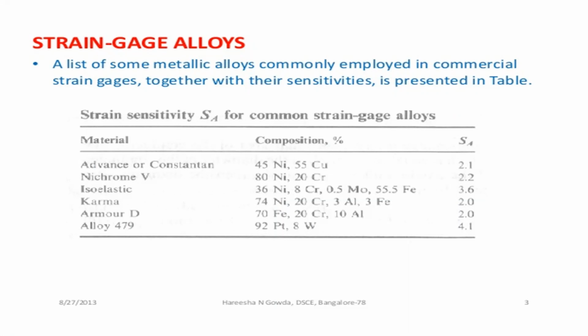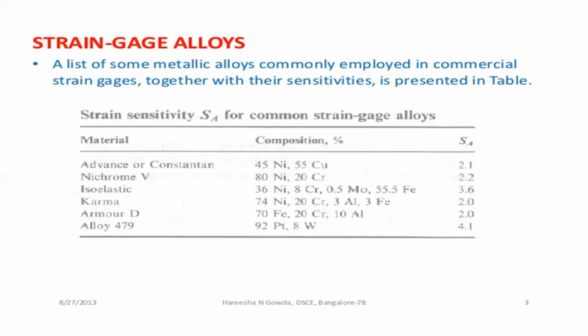In different areas, we use different types of strain gauges based upon the application, so we should take the properties into account, and design and manufacture the strain gauge using different materials.